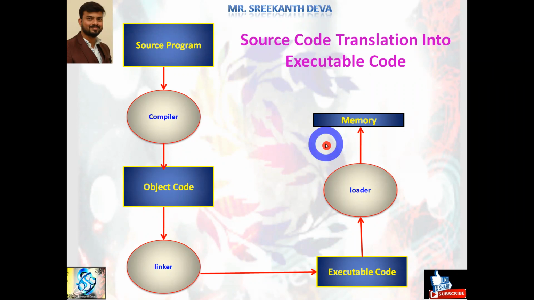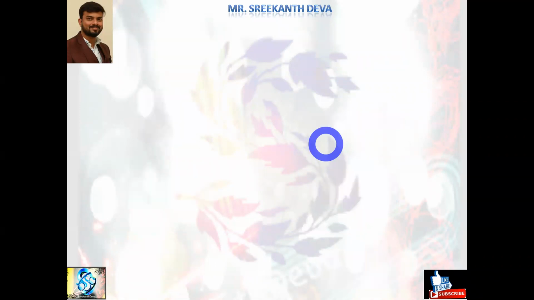So this is the general flow of source code translation into executable code for what? All the high level programming languages. But here some steps are included, some are excluded based on the particular programming language. Okay, fine. See, that's it.